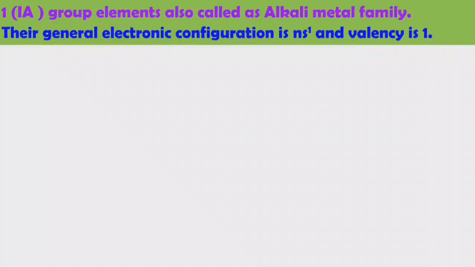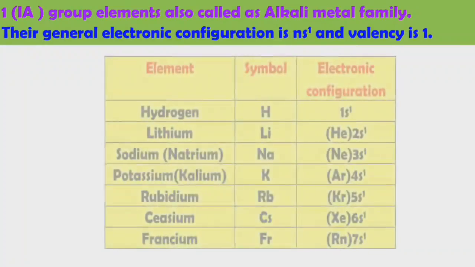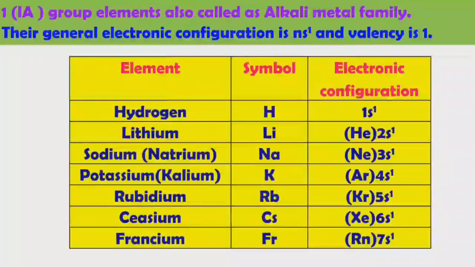Their general electronic configuration is ns1 and valency is 1, where n may be 1 to 7. Except hydrogen, all the first A group elements are called the alkali metal family. They are hydrogen, lithium, sodium, potassium, rubidium, cesium, francium.